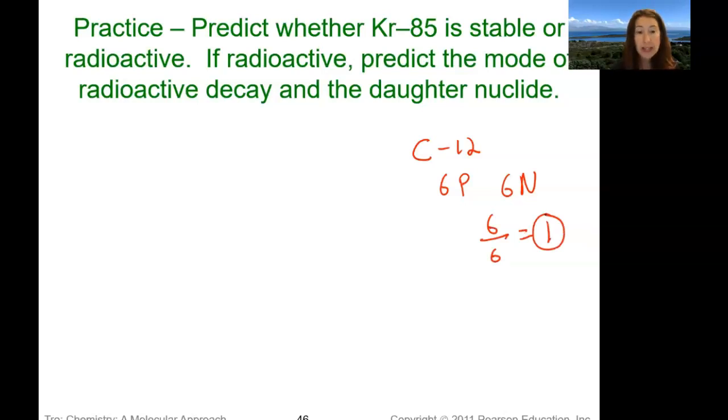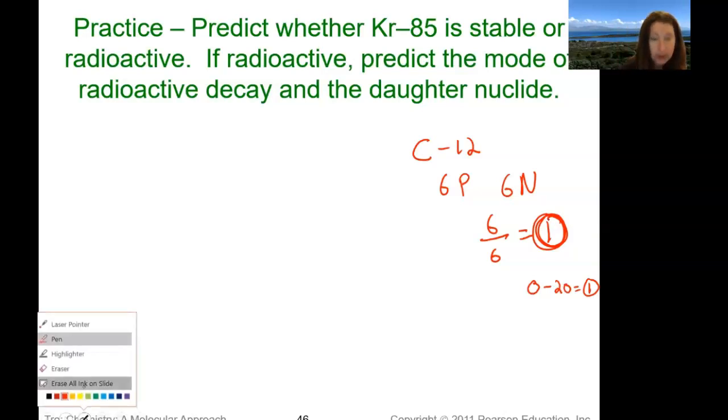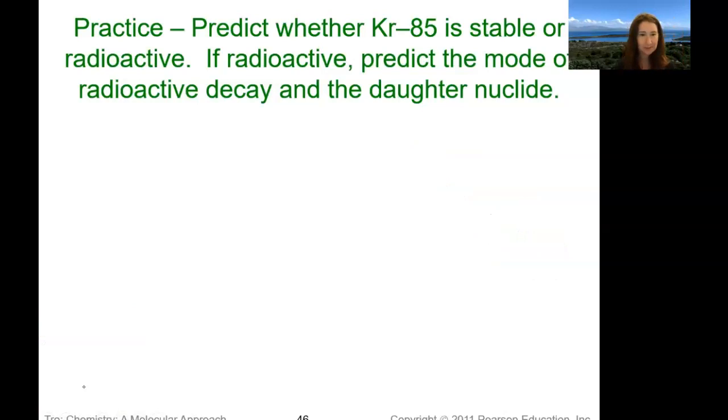Carbon's atomic number is 6, so it's between 0 and 20, which means its ratio should be 1. Its ratio is 1. Carbon-12 is stable, therefore not radioactive. See how that works? I wanted to show you one that's not radioactive so you can see how this works. Obviously, the one I'm showing you next is going to be radioactive.